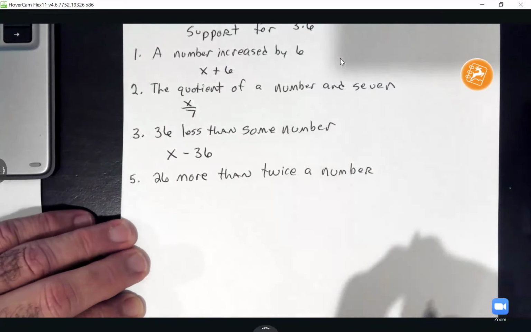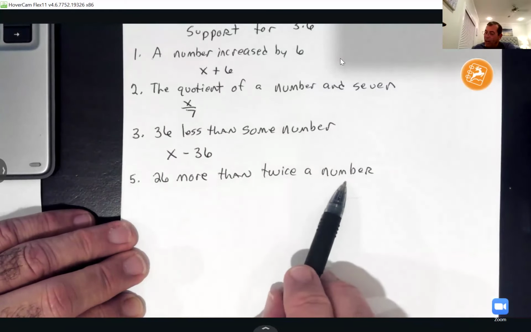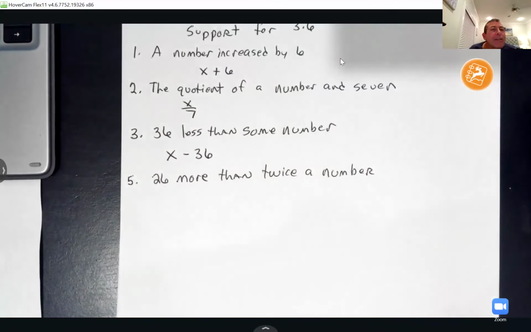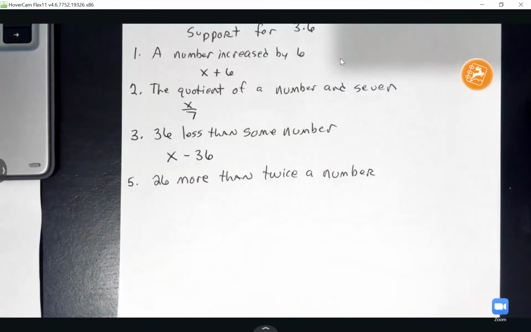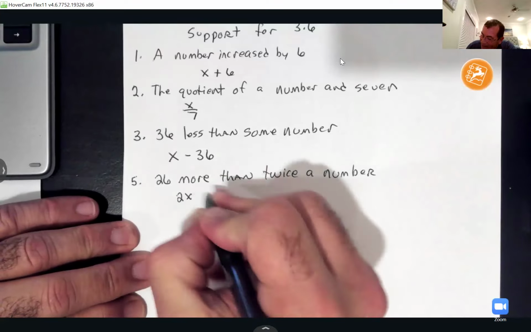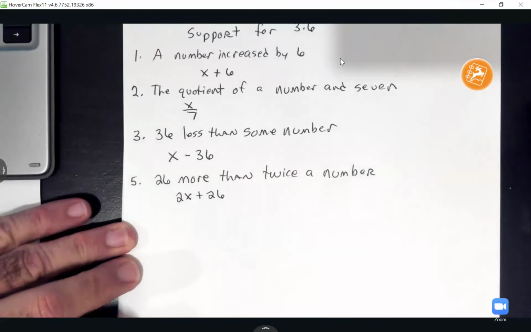Multiplication. So I got multiplication with the twice. And then they got this more. What is it? 2x plus 26? Perfect. 2x plus 26.